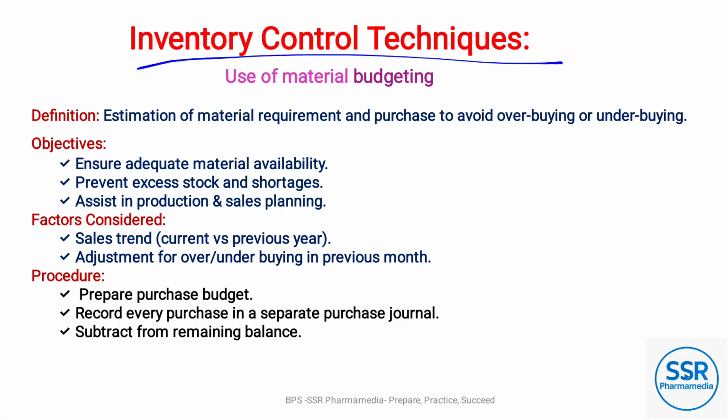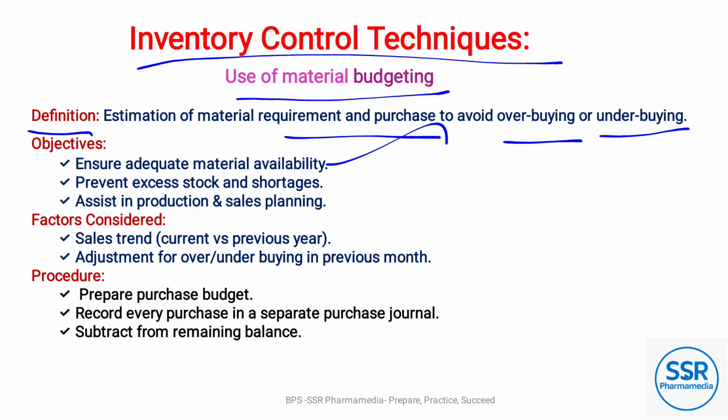So inventory control techniques: use of material budgeting. First we will learn about use of material budgeting. Definition: estimation of material requirements and purchases to avoid overbuying or underbuying. Objectives: to ensure adequate material availability, to prevent excess stock and shortages, to assist in production and sales planning.